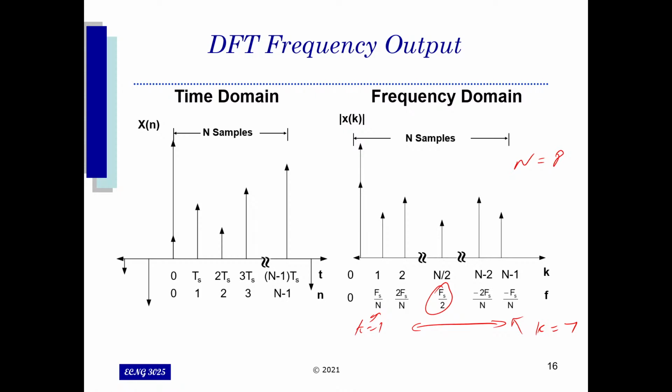So as such, it's possible to say that f_s divided by N here is basically the same as 7 f_s divided by N, but because it's going to be on the opposite side of f_s divided by 2, that's how we end up getting this to be equal to minus f_s divided by N, just to satisfy that symmetric property that you observed earlier.